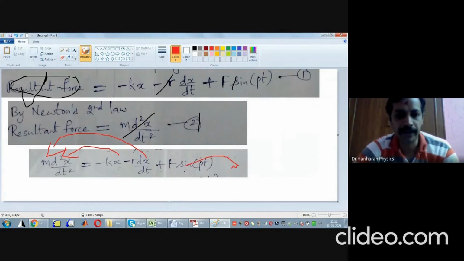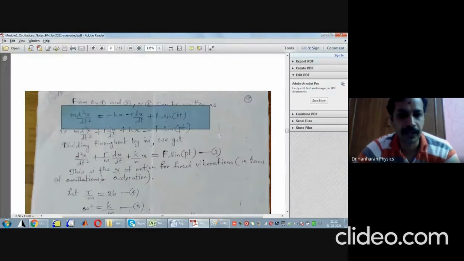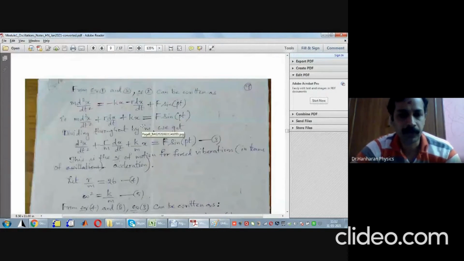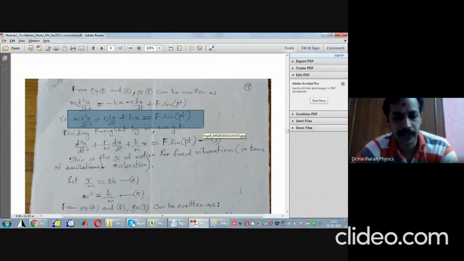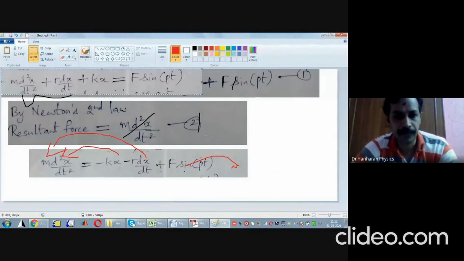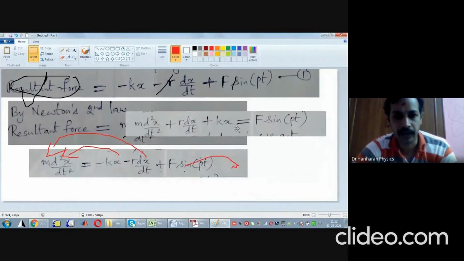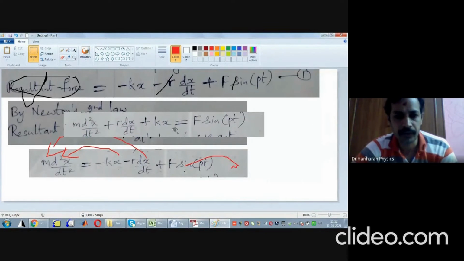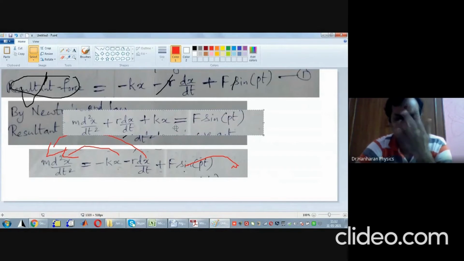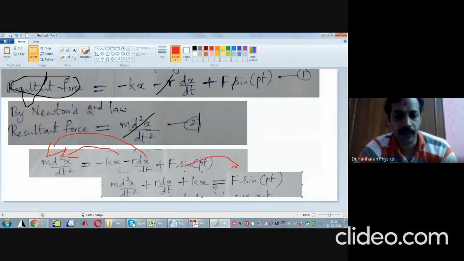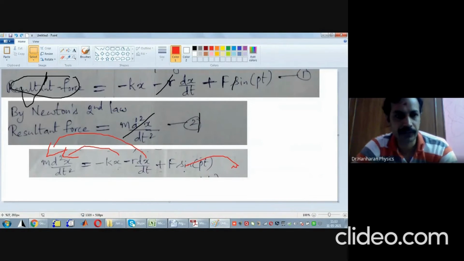So if you shift those terms to the left side, the resultant equation is going to be m into d square x by d t square plus r into dx by dt plus kx equal to F into sine of Pt. Okay, I'll remove all unnecessary stuff.